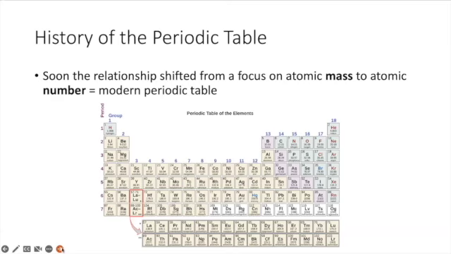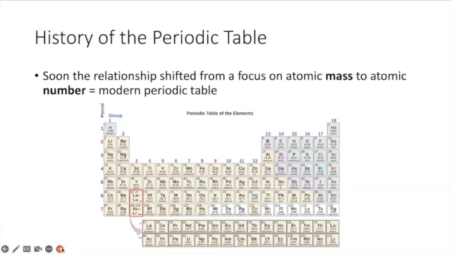And so soon they realized not only were they organizing them based on atomic number, that they no longer were really focusing on the mass, even though sometimes they did have a correlation. Obviously, helium weighs more than hydrogen, but there are some outliers. If you were to look at the atomic mass, for the most part it increases, but there are some outliers.